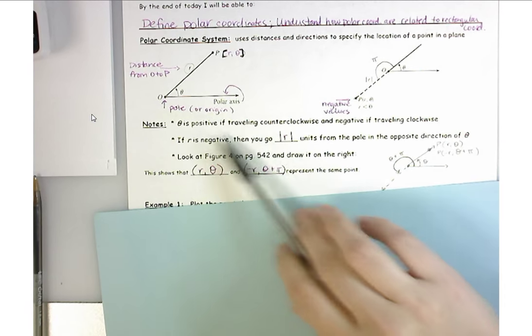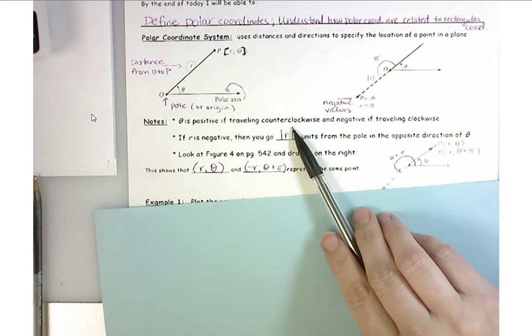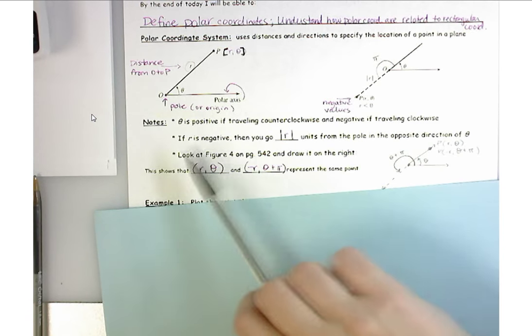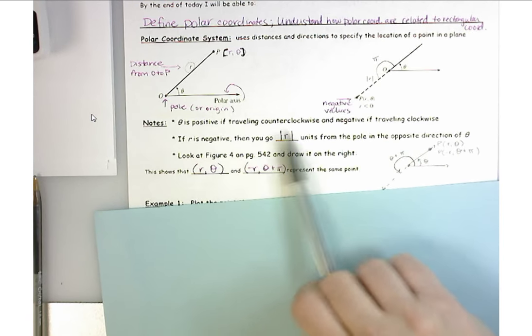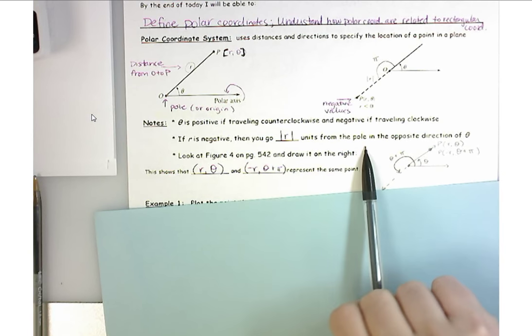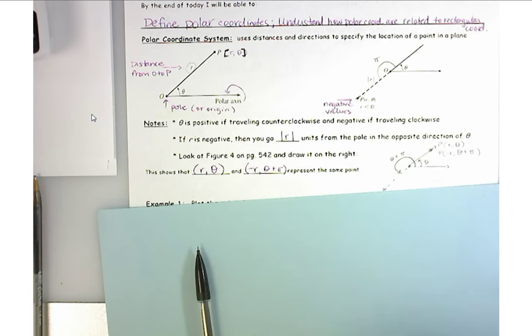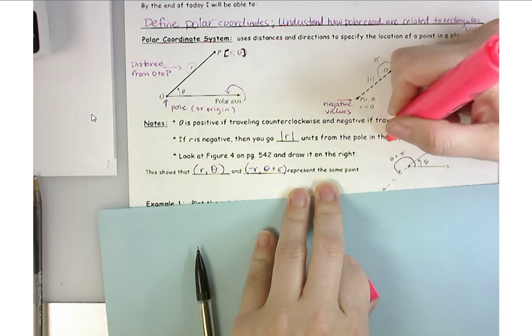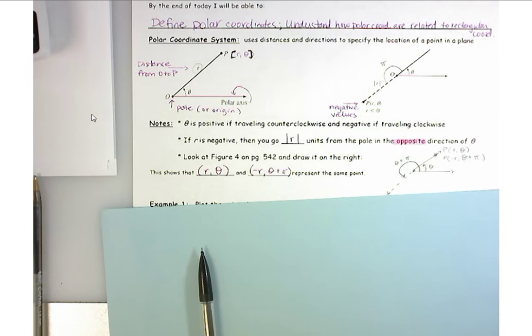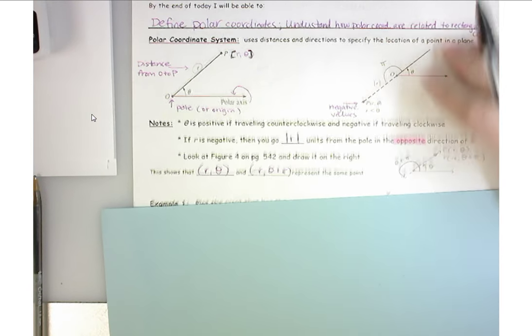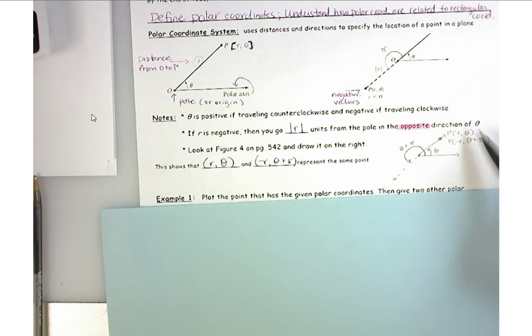So theta is positive if you're traveling counterclockwise, negative if traveling clockwise, which we already know from being able to graph on the unit circle. If r is negative, then you would go r units from the pole in the opposite direction. Okay, so the opposite direction is going to be pi units away from your original theta value.